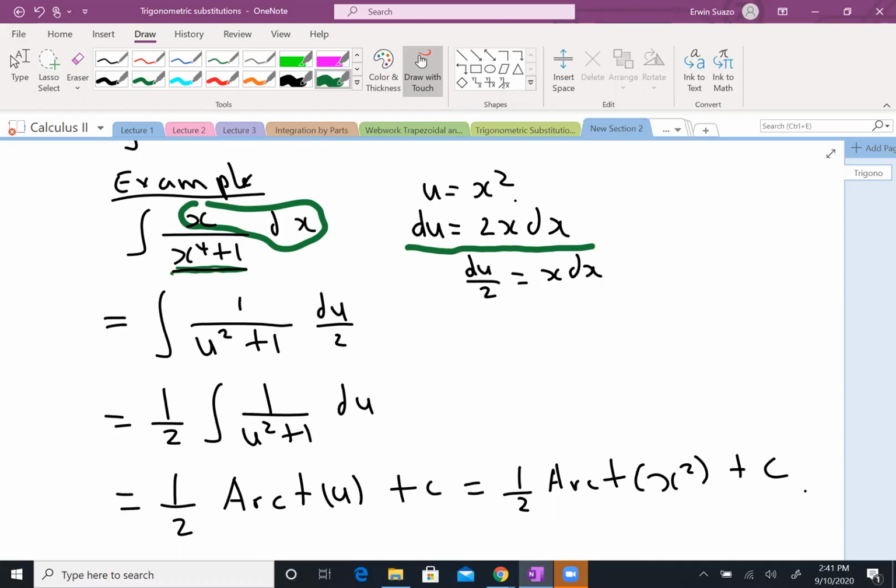So when you're looking at substitution, you need to see what is next to the dx, what possibilities you have. Substitution does not always work, but when it works, it's probably because you can see what is next to the dx.